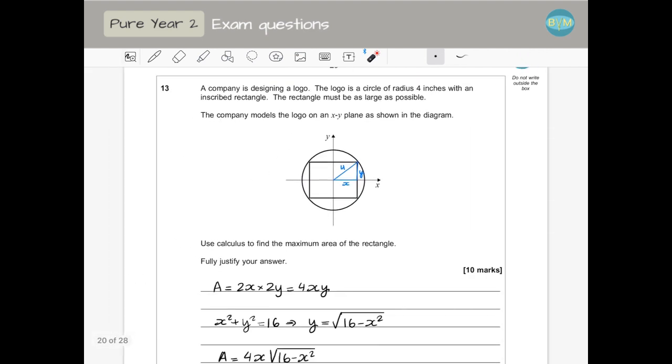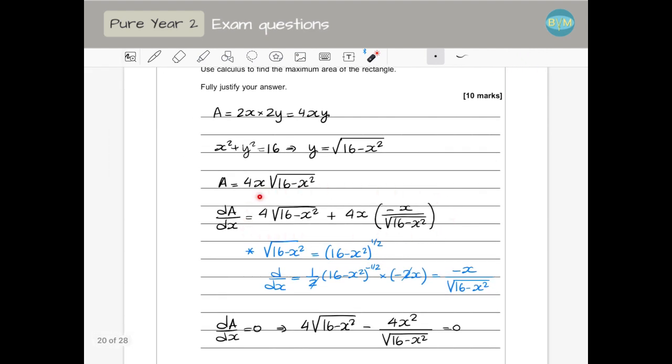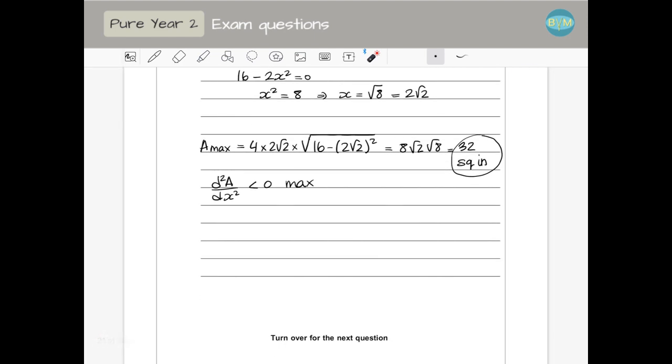But derivating this function again is quite long and a bit complicated, because you have the quotient rule and then the chain rule. I would recommend in these situations just to check.